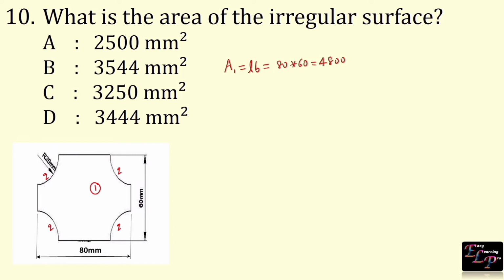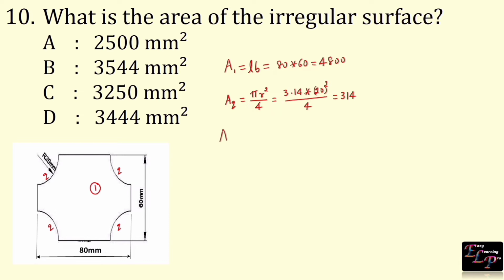Next we will find area of quadrant. Area of quadrant is given by pi r square divided by 4. Substitute the values. Pi is 3.14 into radius is 20, so 20 square divided by 4. It is equal to 314. This is area of one quadrant. In this surface we have 4 quadrants.